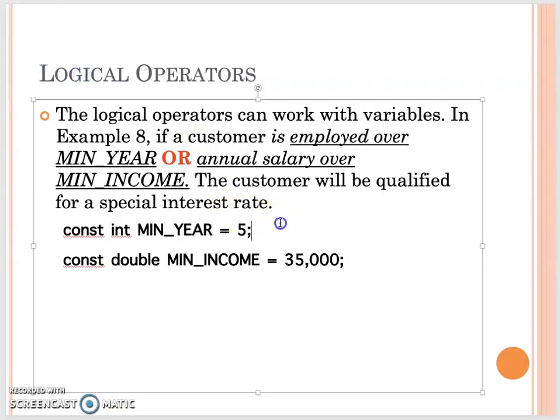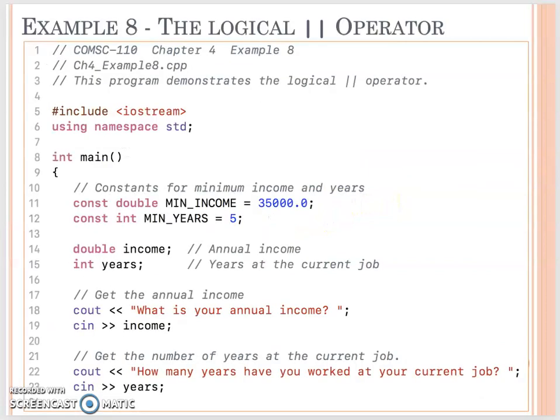So this example is, we say the customer will be checked on either their employment history or minimum income. So if they match either situation, then they will qualify for a special interest rate. So that's why here we will see the example. That's example 8.